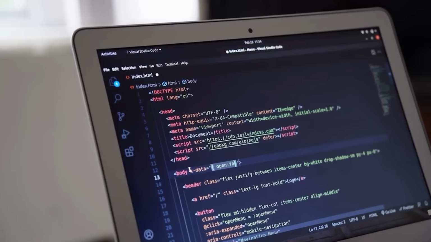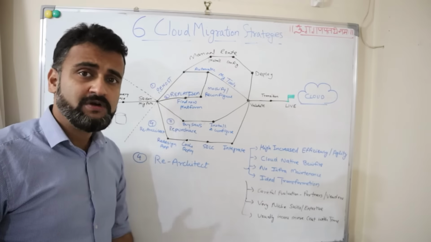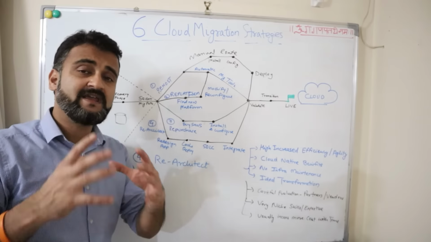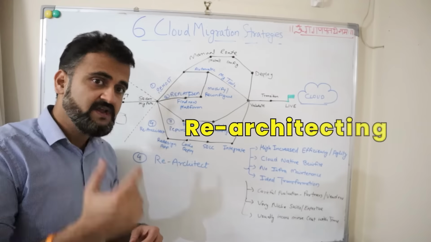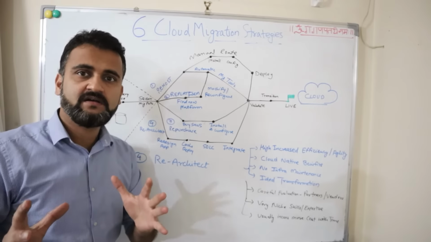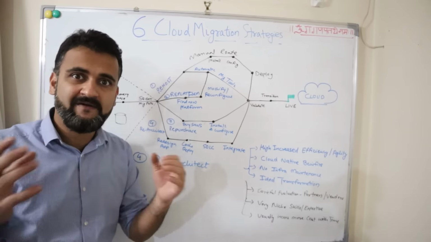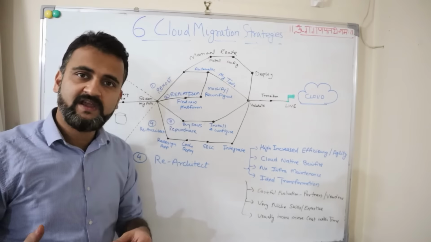You will run through the whole code deployment and software development life cycle, and then eventually deploy it into the cloud and integrate it. It is a big project which you run within your migration project. Re-architecting your application will completely change the dynamics of what it was previously. It is like a new avatar of your application, and it will go a long way in your cloud adoption journey.